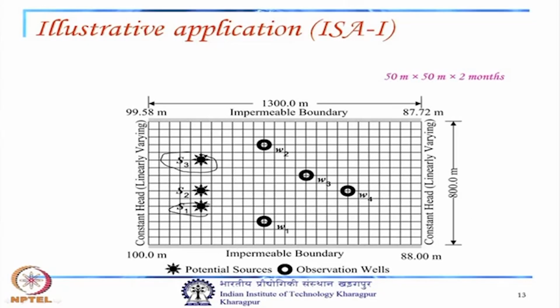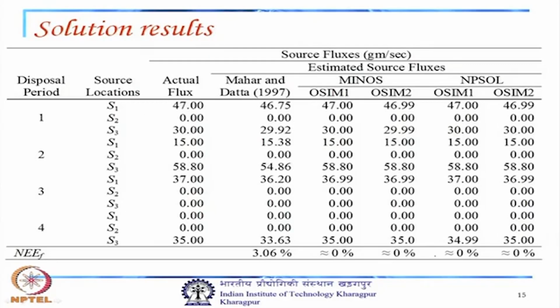The domain has two impermeable boundaries and two constant head boundaries, which are linearly varying. So, in this direction, and this is the final direction. So, this is the solution result.